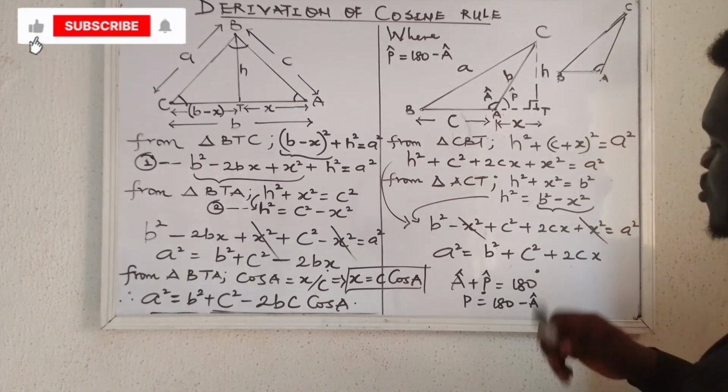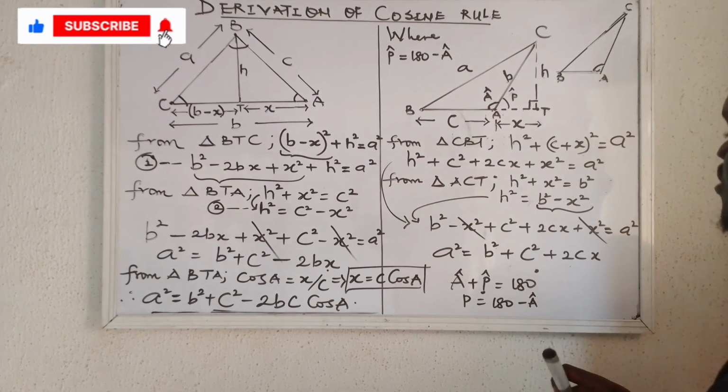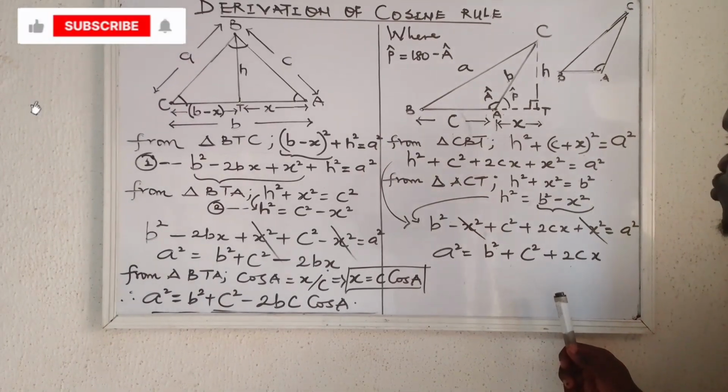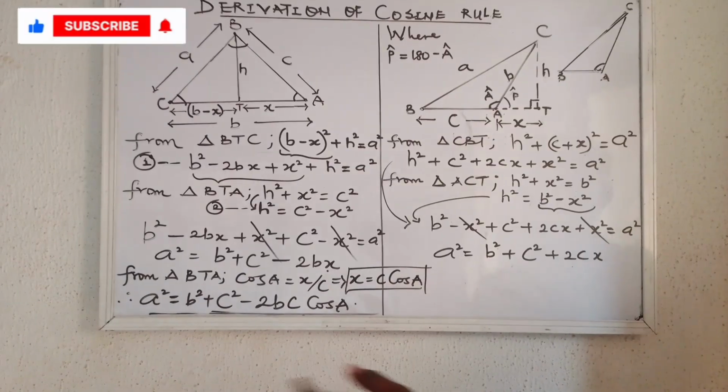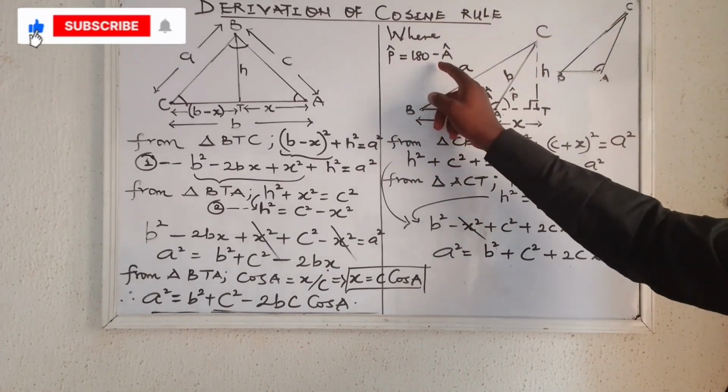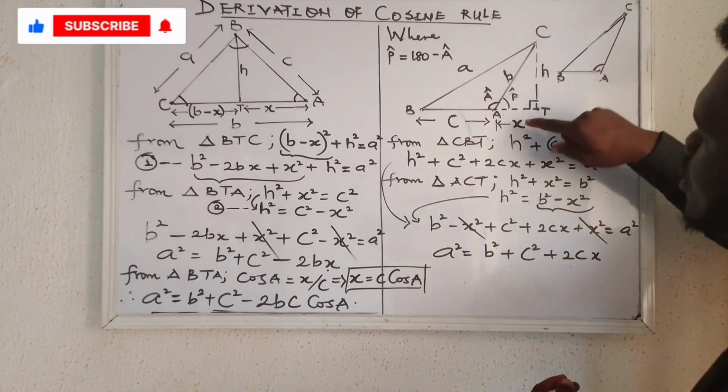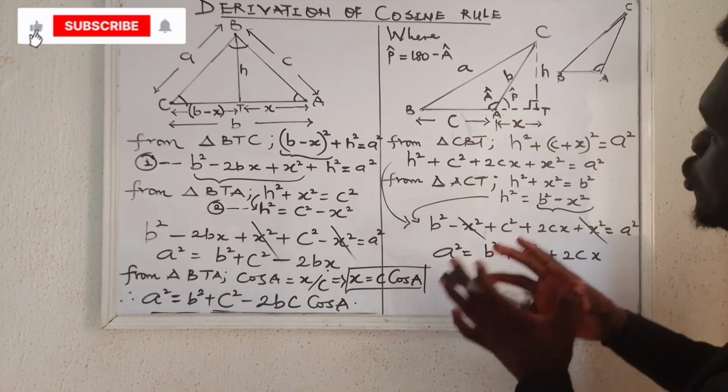Since we've noted this, let's quickly see what we can do from here. I've explained how we got that P is equal to 180 minus A. So automatically, we can do a little trigonometry now.